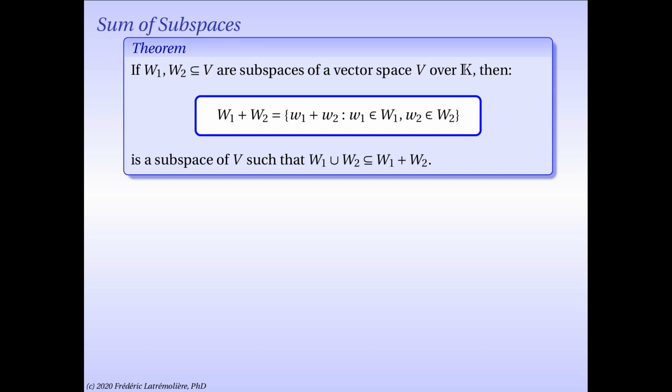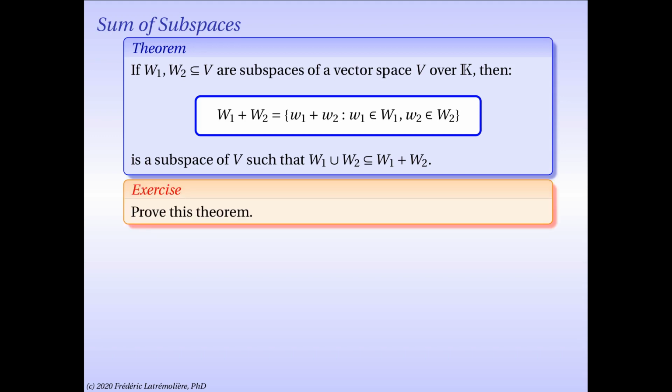Just add them up, all of them. This sum is always going to be a subspace which contains the union. So this is the candidate we have for replacing the union of subspaces, since that is not a subspace in general. I'm going to ask you to pause the video and try to prove the theorem for yourself, and I will give you the answer on the next slide.